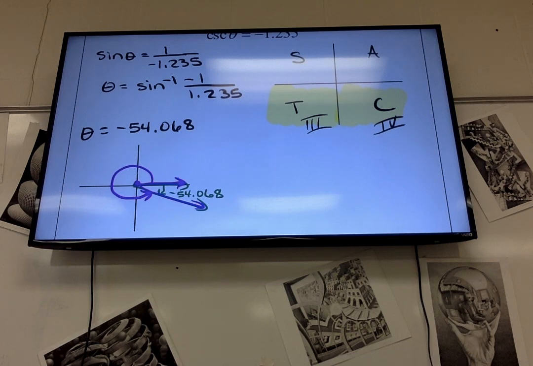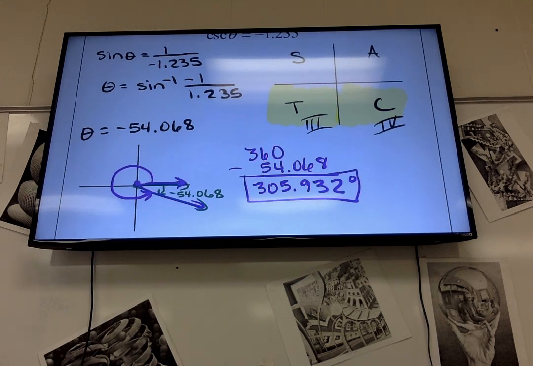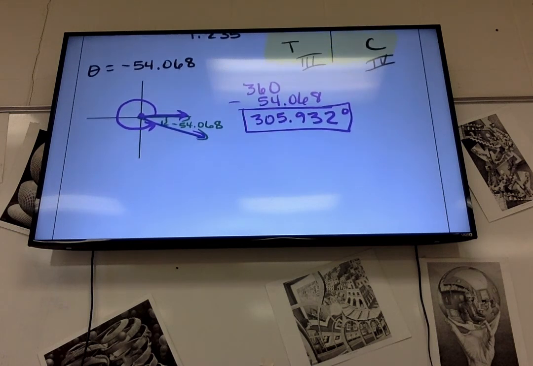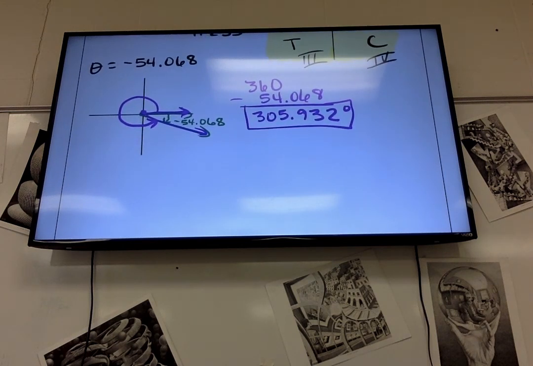How do I get that purple one? Yeah. 360 minus 54.068. Because that whole thing together makes a circle. There's one of them. 305.932. That's in the fourth quadrant.